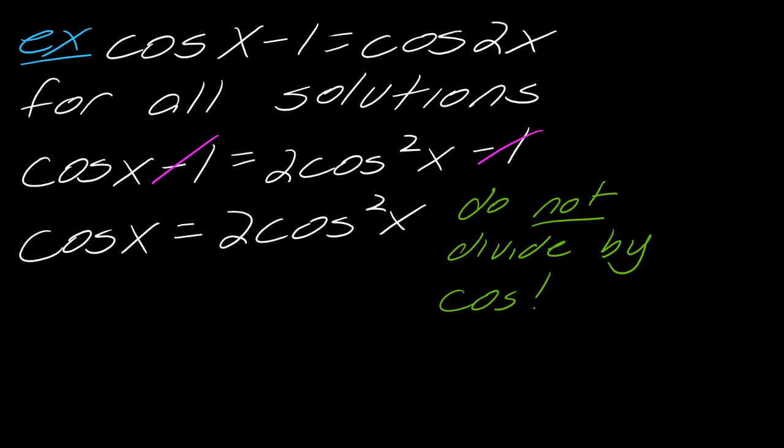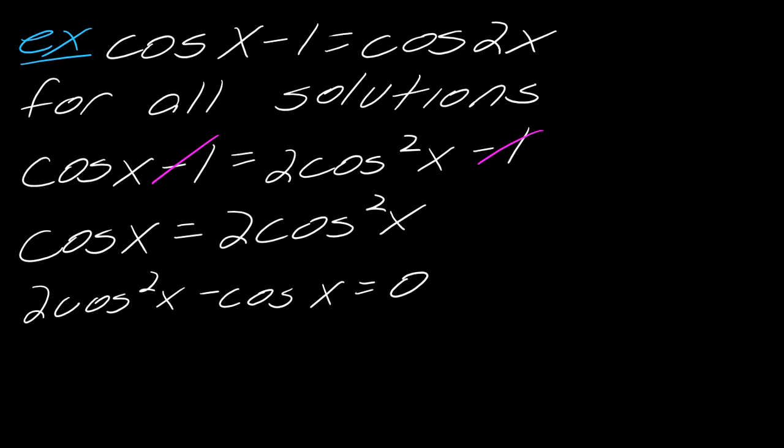Okay, so one thing I want to mention here, do not divide by cosine. Why? What you really want to do is factor. Basically, if you divide by cosine, you end up canceling out one of the possible solutions. So never divide by the function that has the x in it. Don't divide out by the variable you're trying to solve for.